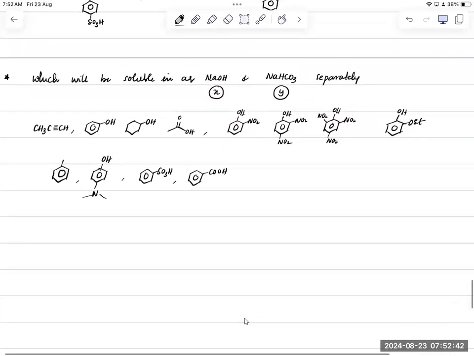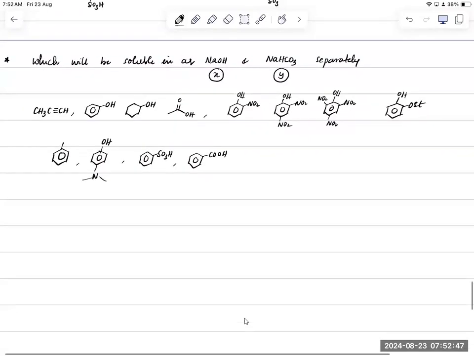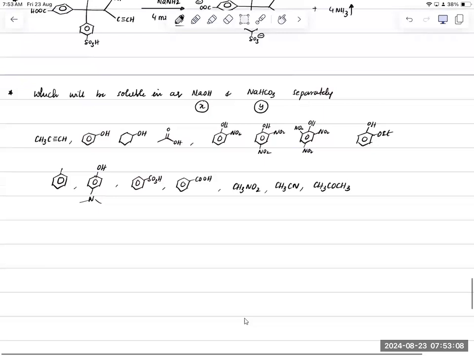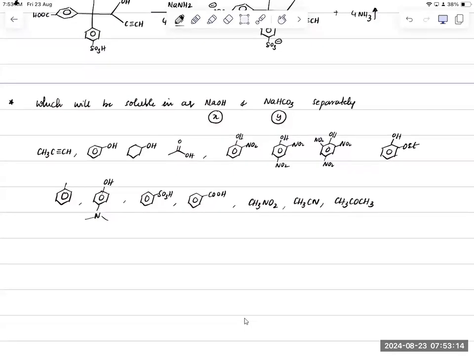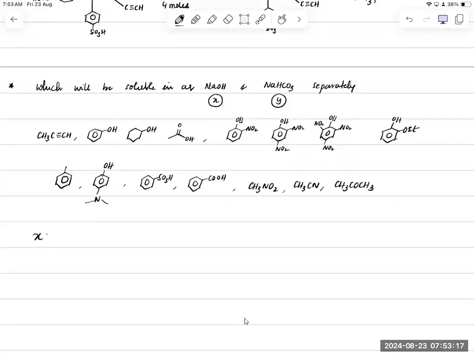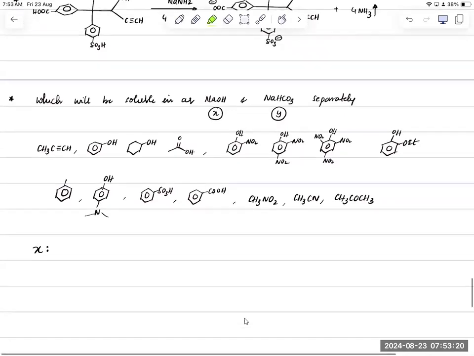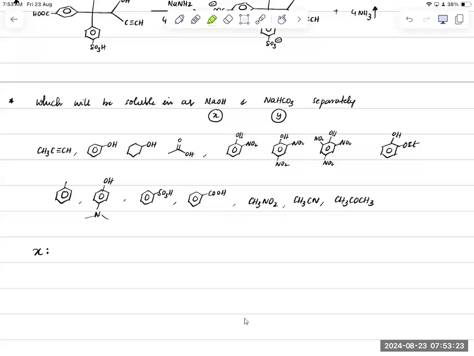So suppose I take these cases, and other cases: CH3NO2, CH3CN, and CH3COCH3, that is acetone. So let us check these cases. How many X and how many Y? How many X do we have? For X, I'll use this green color. Let's see which all will give.